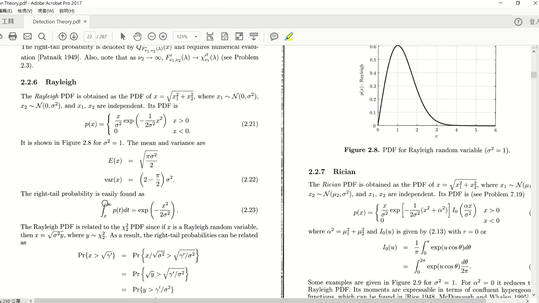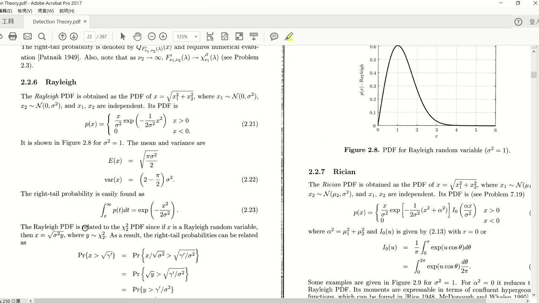Now it's easy from this. If you take the right tail integration from x to infinity, then you get a closed form: the exponential of minus x squared over 2 sigma squared.